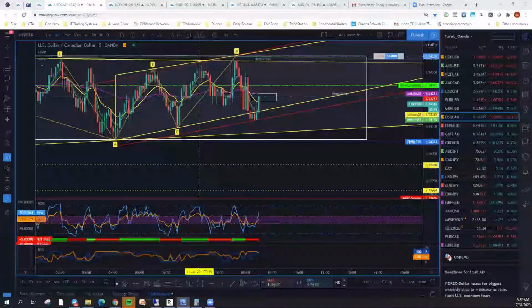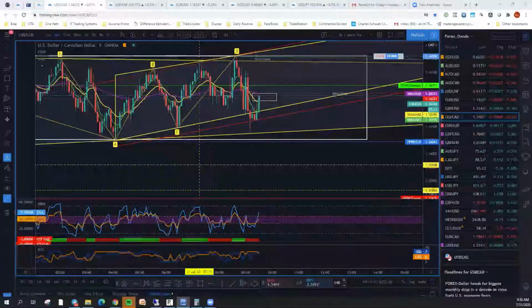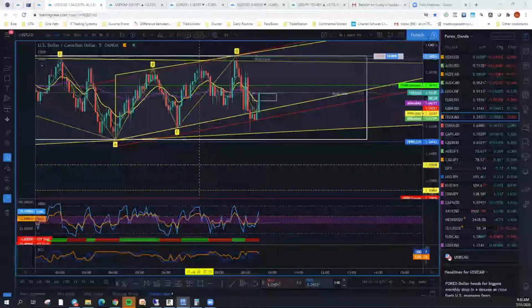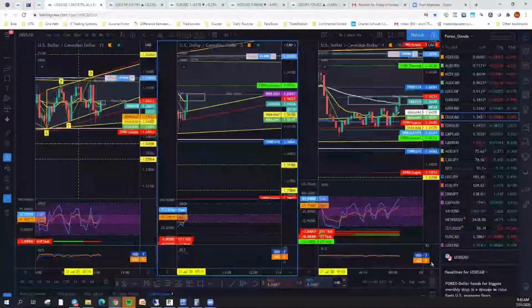That might do the up move. That may be the head fake we were looking for. Price still respects those 62 moving averages. I think this may go up higher, Al, before it finally breaks down at the end of the day.